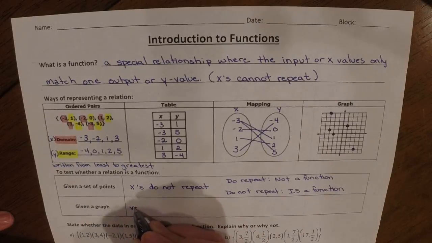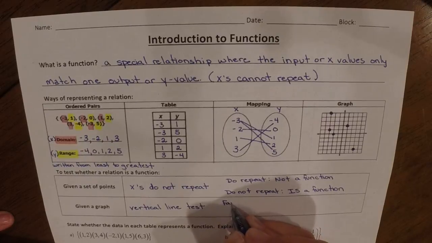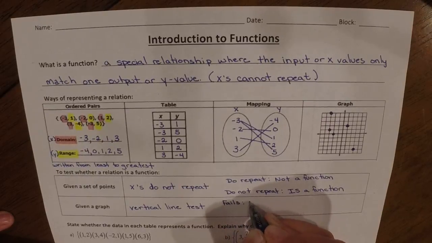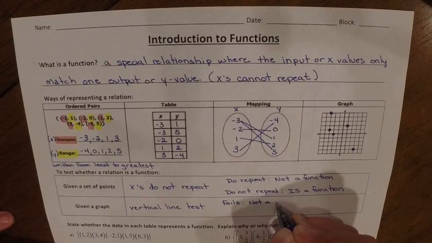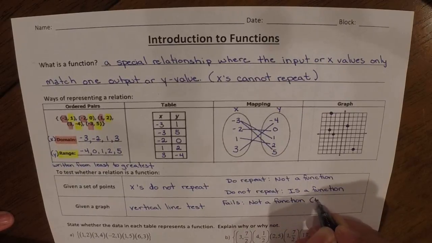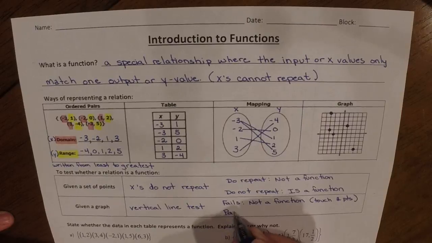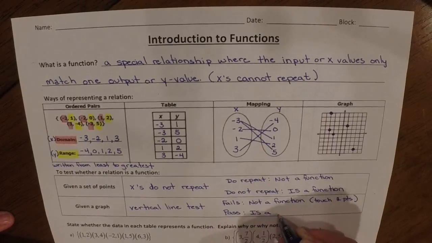Well, then we're going to do the vertical line test. If it fails the vertical line test, then it is not a function. And this is going to be if we touch 2 points. And I'm about to show you what that looks like. If it passes the vertical line test, then it is a function.